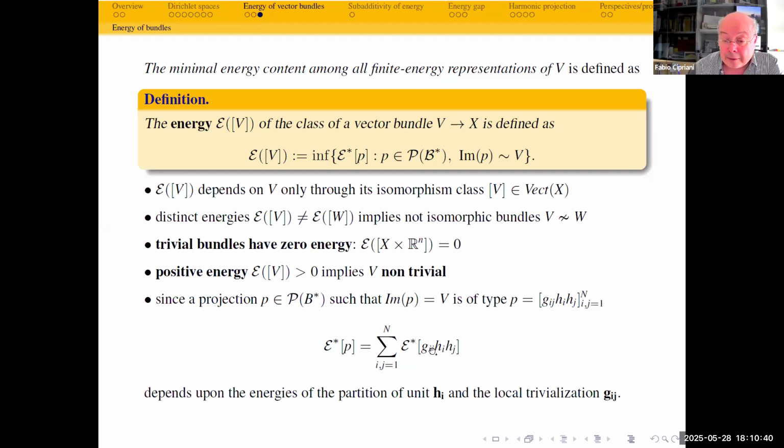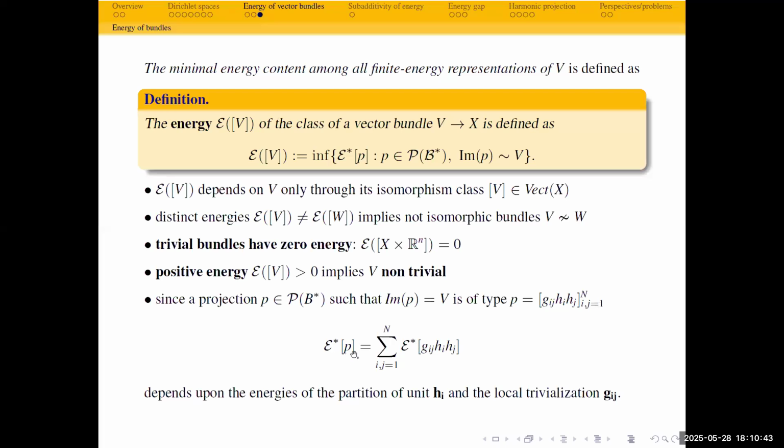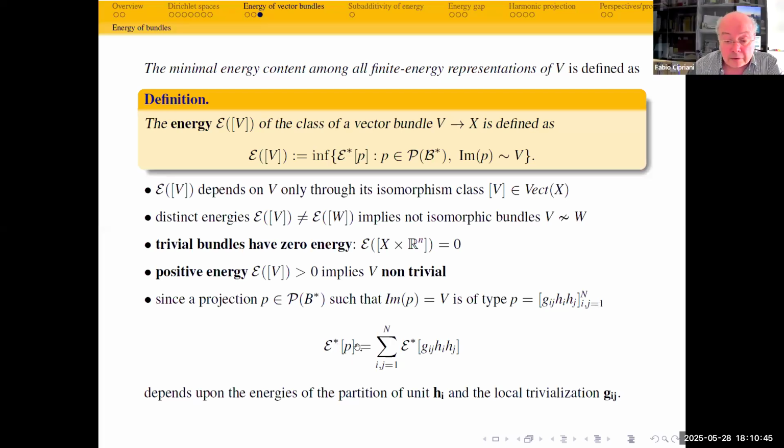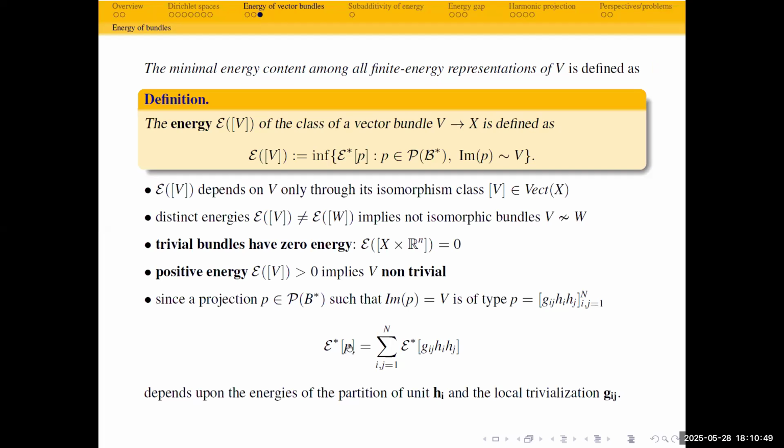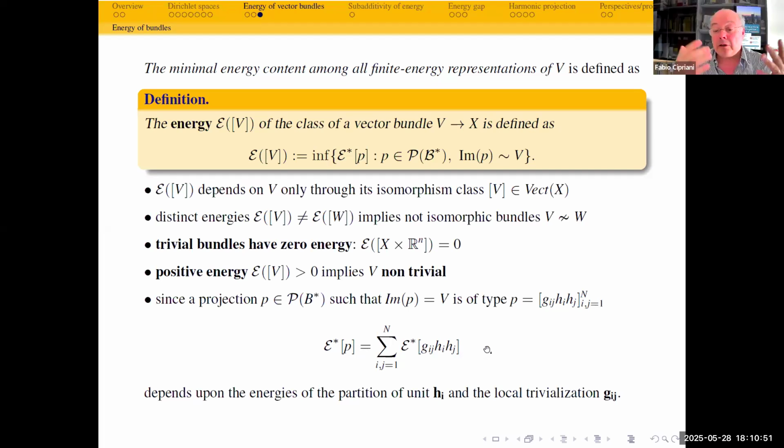And so we see that the energy of a vector bundle depends on the energy of its representative projection. And this, all in all, depends on how smooth.